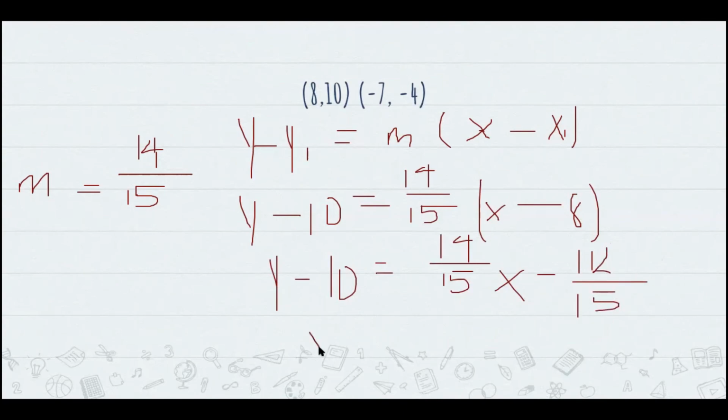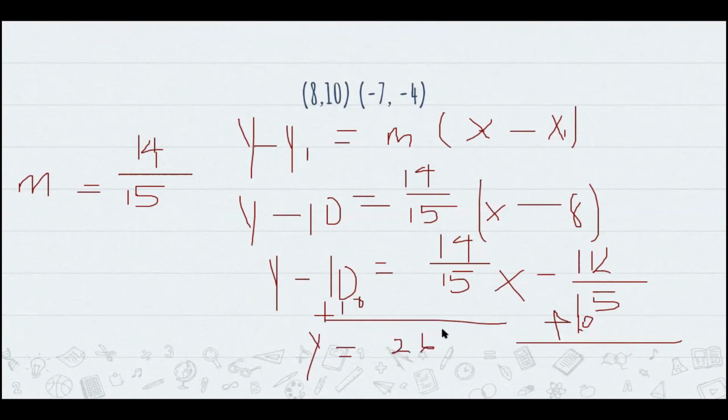Add 10 on both sides. That gives you 262 over 15. So that's your y value. We'll keep that over here. Let's box that.